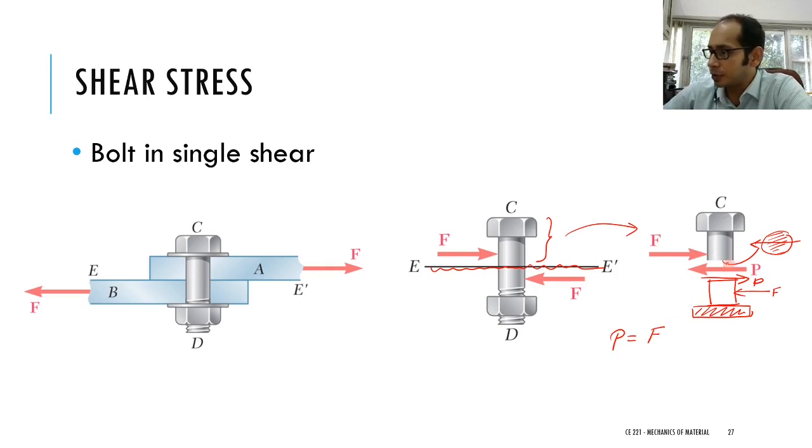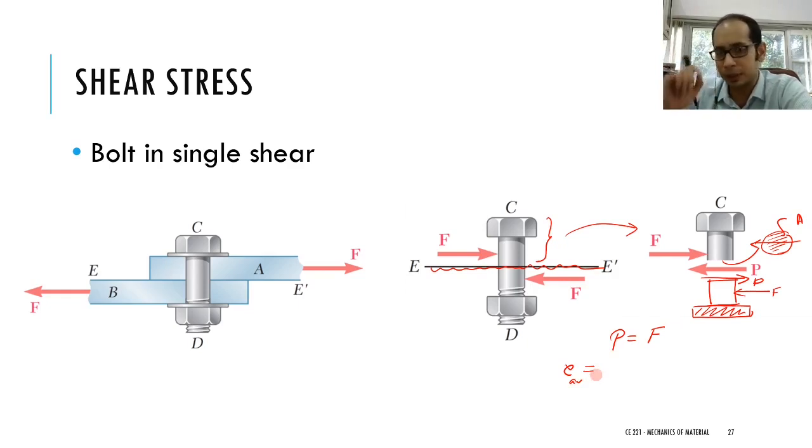Now if this cross-sectional area has an area of A, then what is my tau? Remember, tau is nothing but a stress. It is the force acting on that particular surface, on the cross section of the bolt, divided by the area. So I'm going to call this tau average, because later you will see that this is not exactly a true representation.